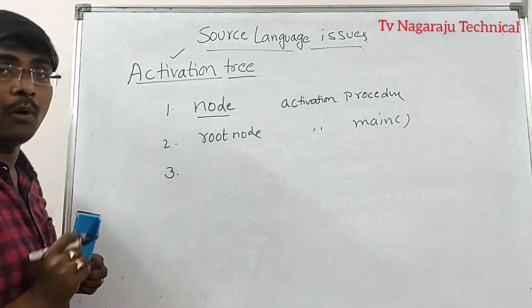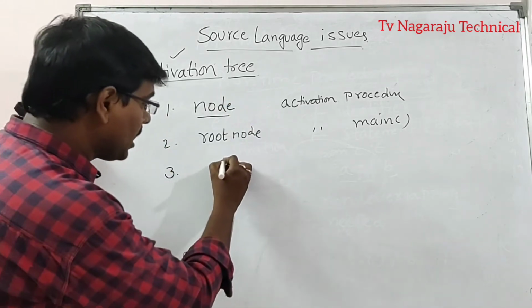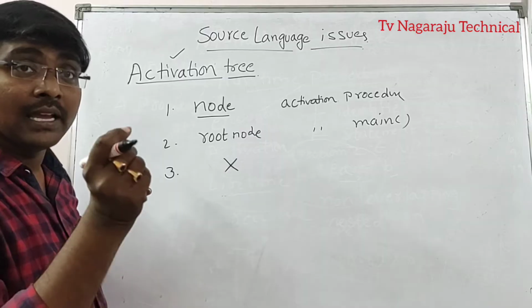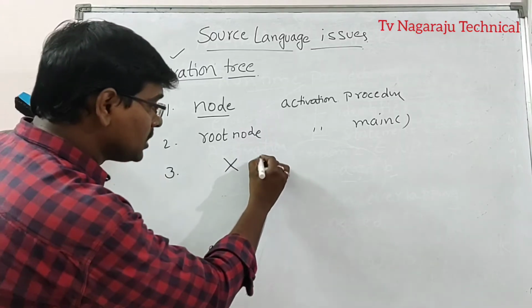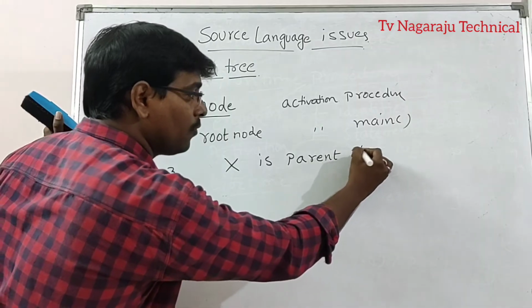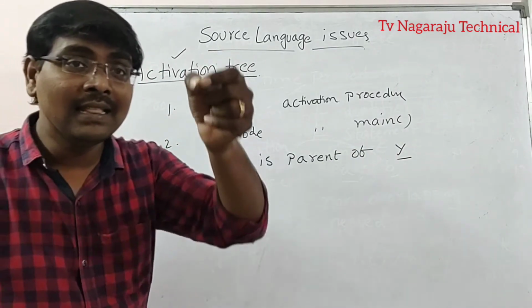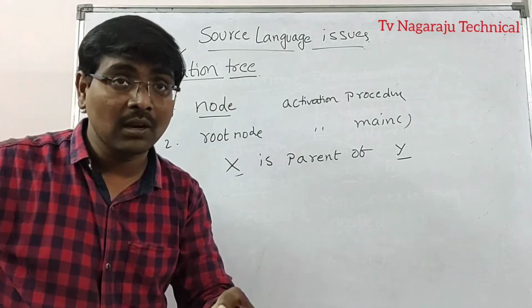And one more point: if a node for procedure X is the parent of the node for procedure Y. Generally in a tree we have links, yes or no?